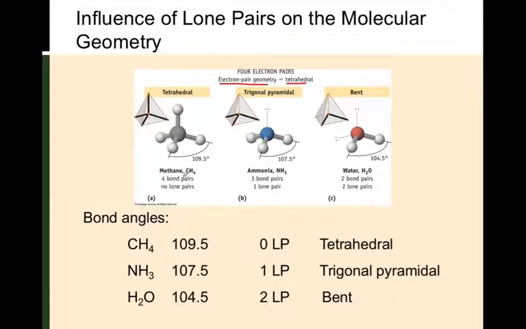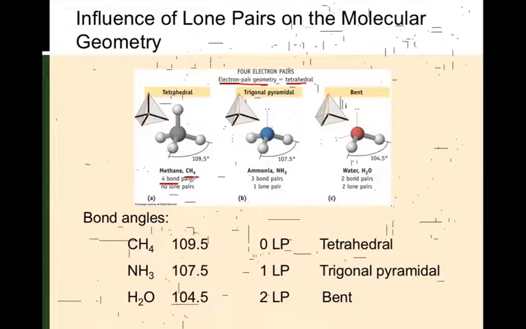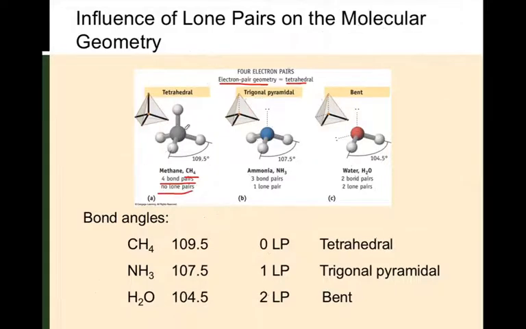So methane, or CH4, has 4 bond pairs and no lone pairs. And so it has a tetrahedral electron pair geometry and a tetrahedral molecular geometry. The angle between each of these bond pairs is the same because the bond pairs repel each other by the same amount, since they're all CH bonds.